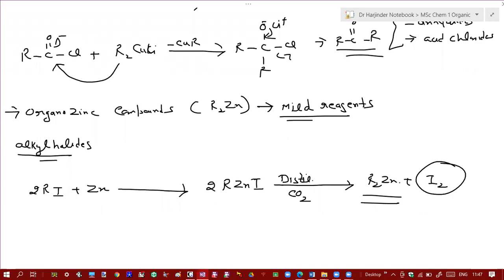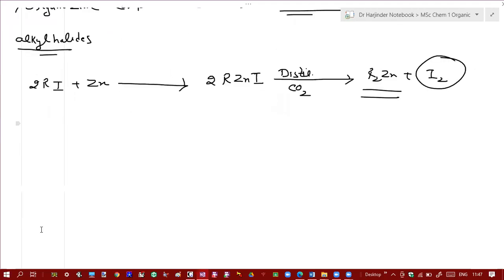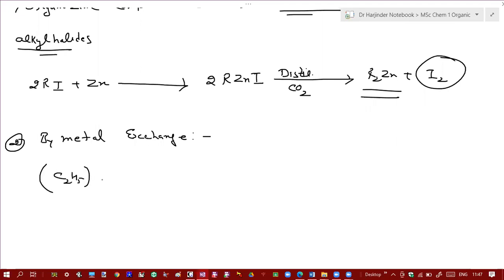Another method by which you can prepare them is metal transfer reaction. If you have any other organometallic compound, you can exchange its metal with zinc. For example, suppose you have triethyl aluminium, and you treat it with zinc chloride.